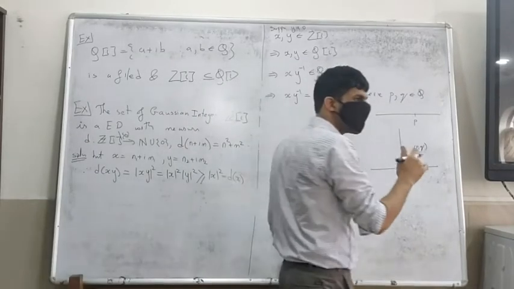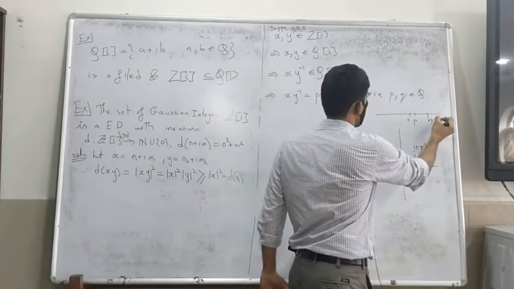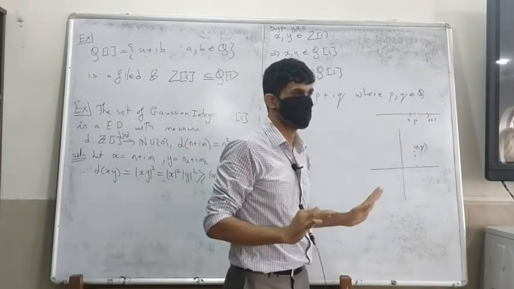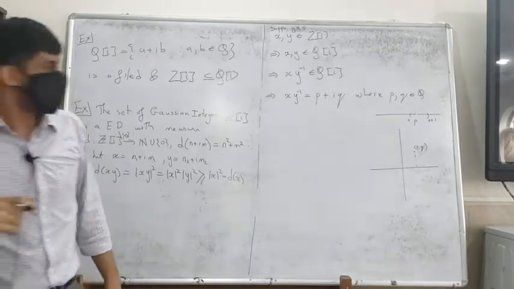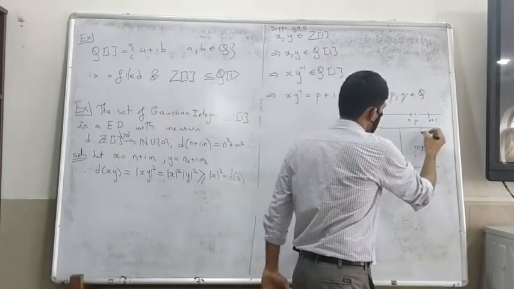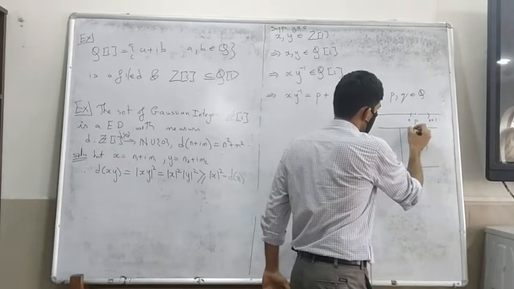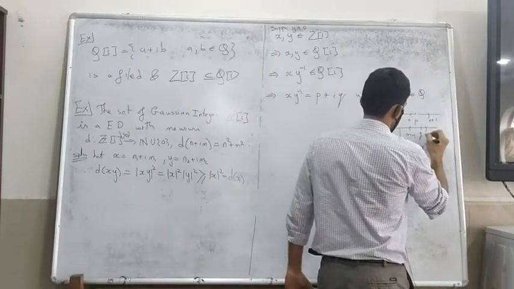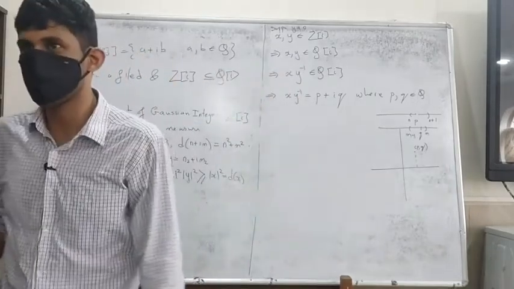If it's not an integer, there will be one n on this side and another n plus 1 on that side. Bad notation, but what you do is take the smallest among those. The smallest among them I'm taking as n, and similarly for q, the smallest among them I'm taking as m. It sits inside between m and m plus 1. If it is an integer, take that only.